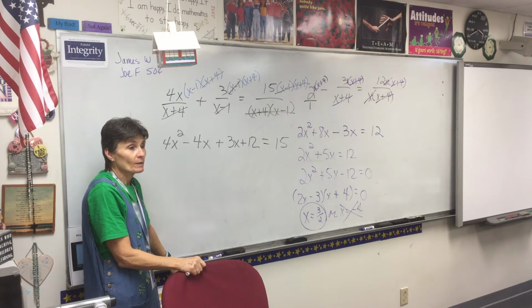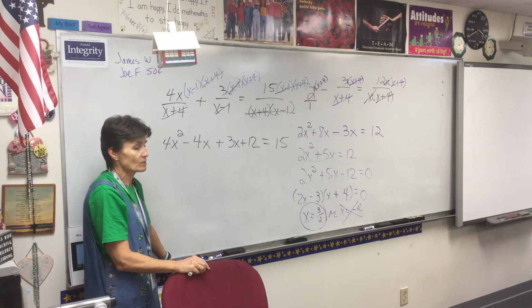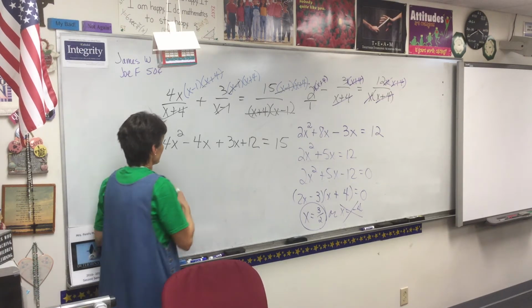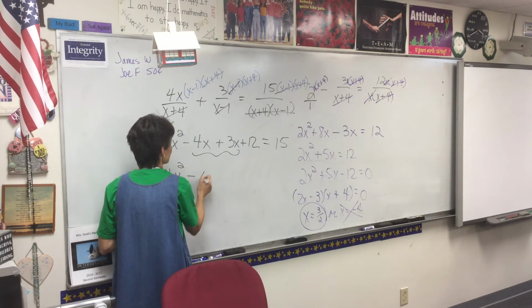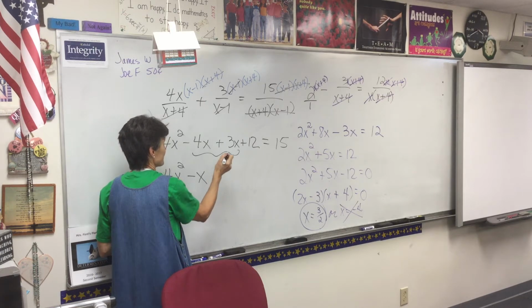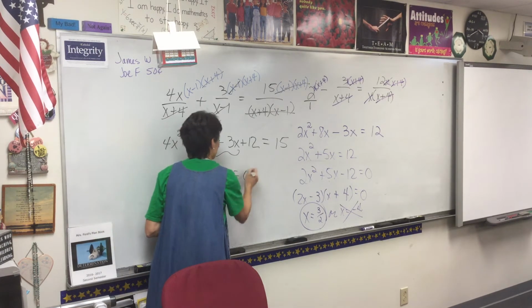All right, here we go. What would you suggest we do now? The denominators are all gone, so things look a little better. We can add these together, right? Negative x. So 4x squared minus x. And then somebody said subtract the 15 to get 0.